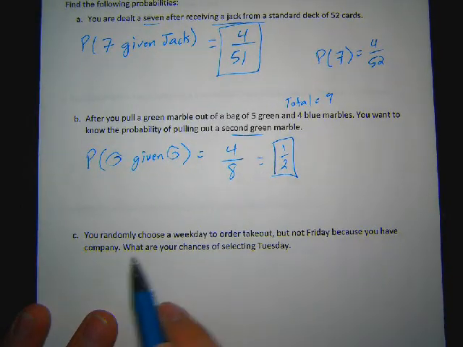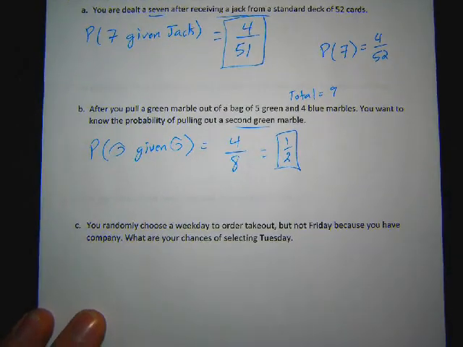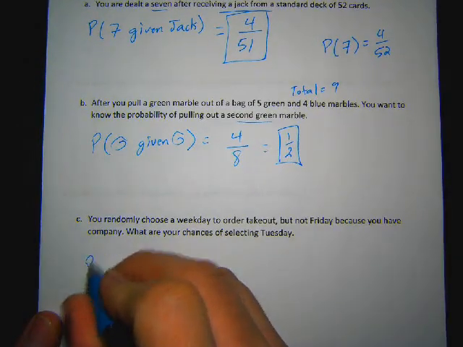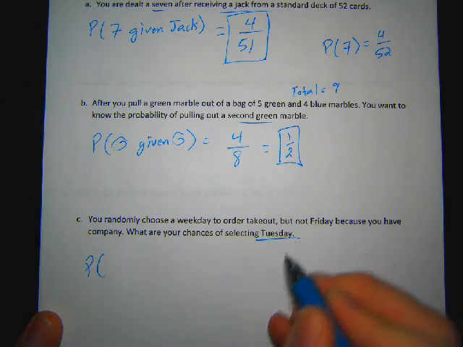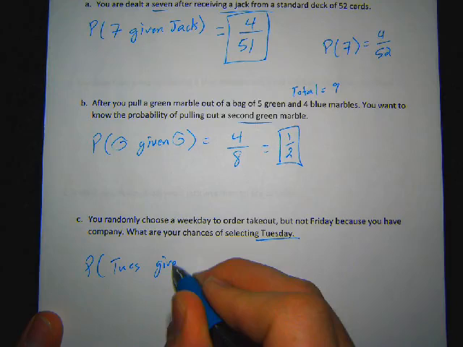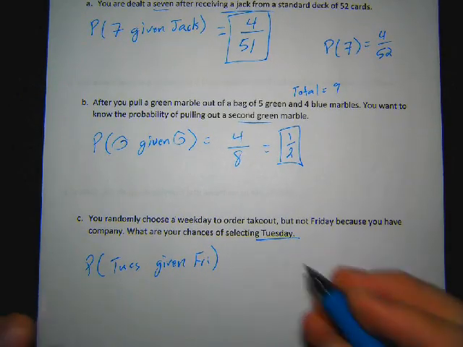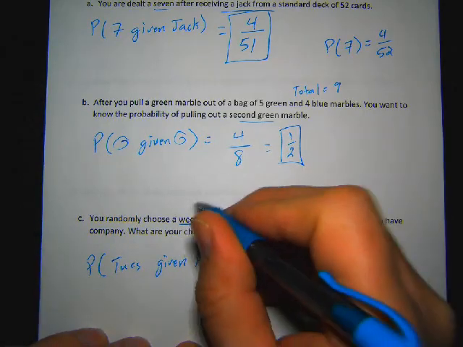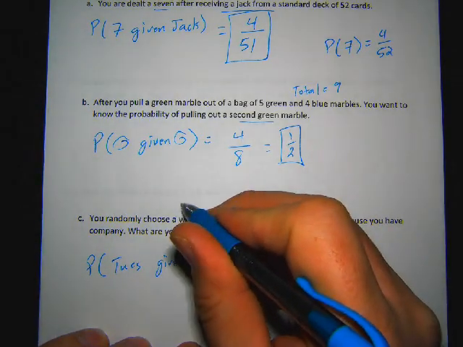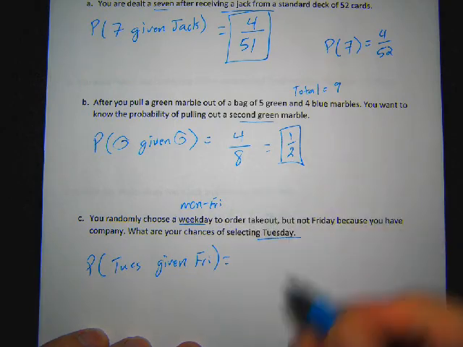Say you randomly choose a weekday to order takeout, but not Friday because you have company. So we're probably going to be picking Tuesday, given that we already used up Friday for something else. So we're not going to do Friday. The weekday is going to be Monday through Friday, so that's 5 days.